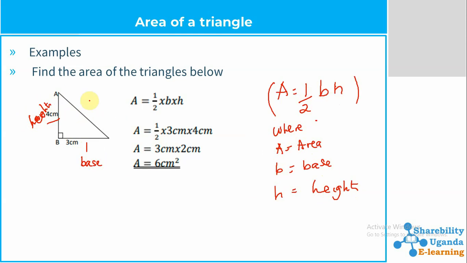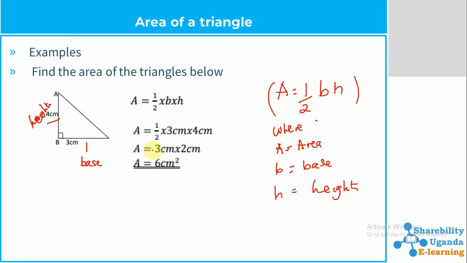Okay, so we can use this kind of method for us to find out the area. Now if we are to find our area here of our triangle which is given, we can use a half times the base times the height.